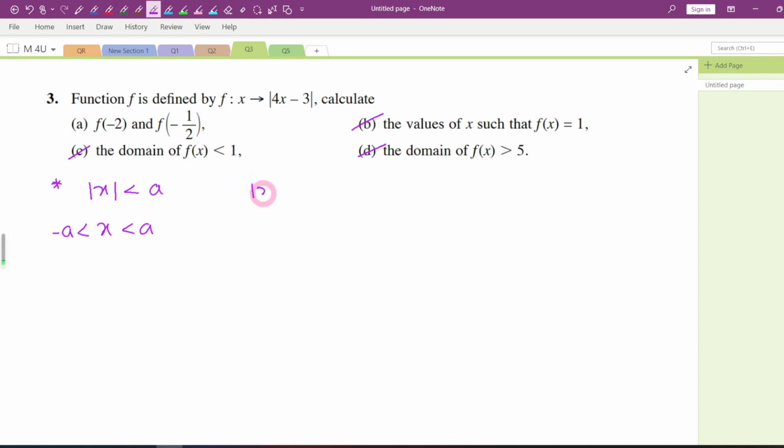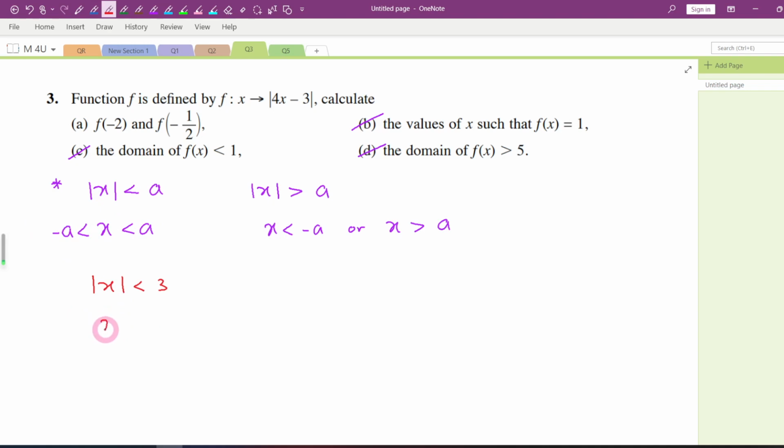If modulus x is greater than a, then x is less than negative a, or x is greater than a. Okay, let me give you some numbers to explain so it is easier for you to understand. Now, if modulus x is less than 3, for example, in order to make it easier to understand, I will just focus on integers.